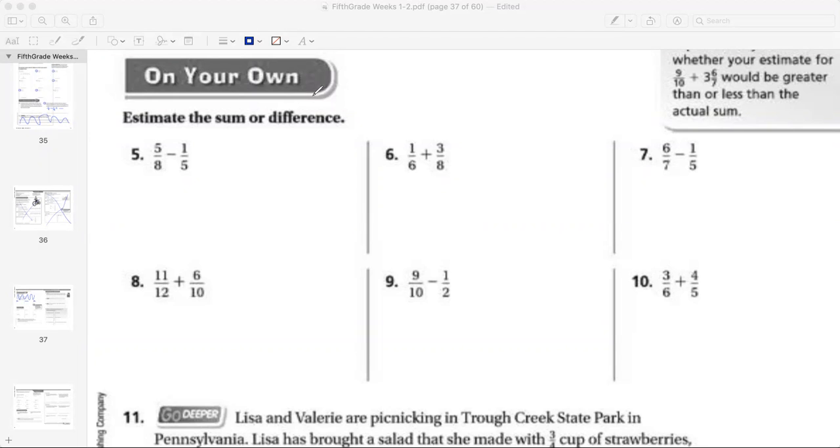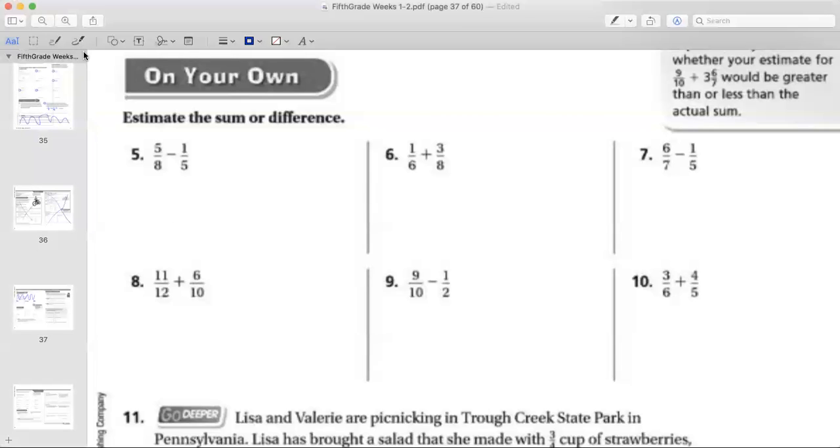So let's do, for sure, I want you to do number 9. I'm going to switch my pen back to this one. So number 9 for sure. You can get rid of number 8 for now. We're not going to worry about that. I think you can do number 10.